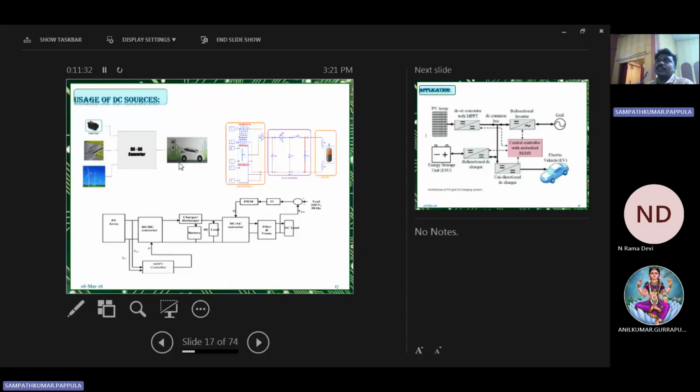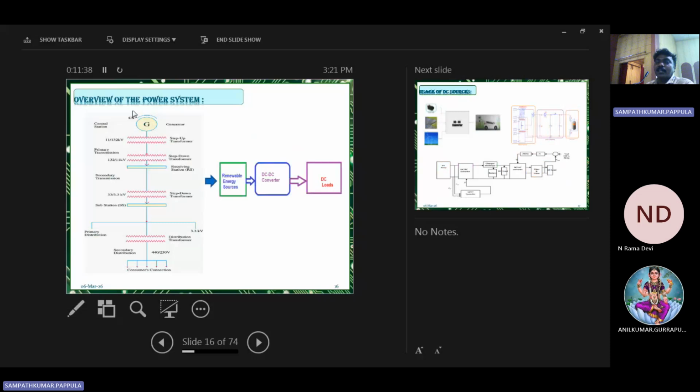That controller, you need to place either at the source side or at the load side. That means your work is going elaborately. Just I am taking one power system network, from that I am getting the electrical power. Now I am trying to utilize that electrical power for driving the DC loads.